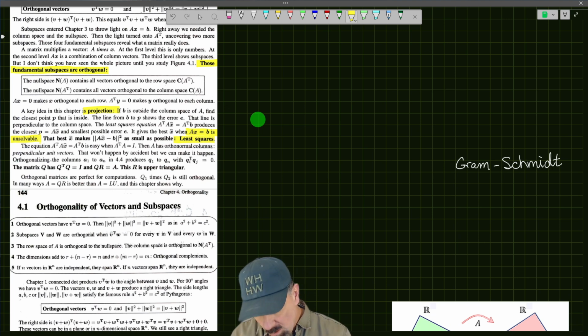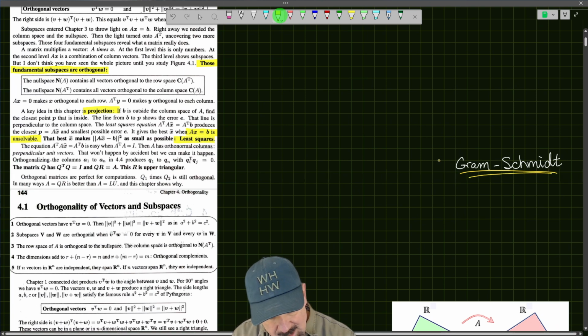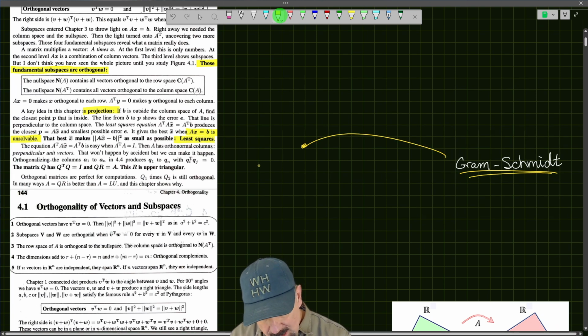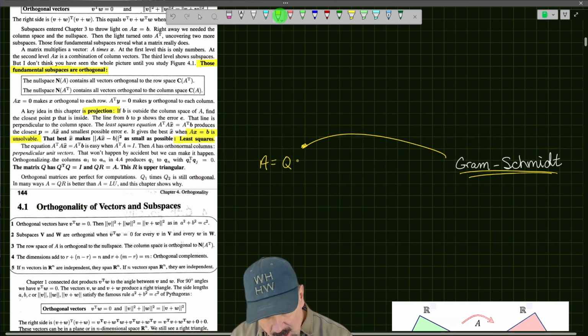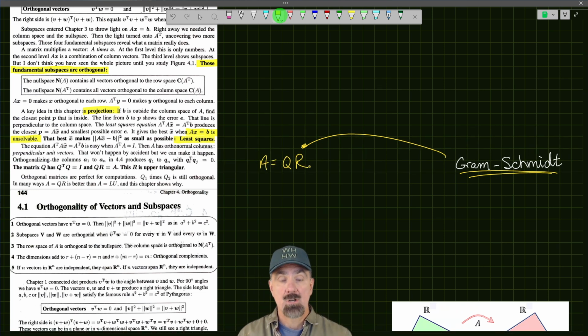And then finally, we're going to take a look at Gram-Schmidt orthogonalization. Gram-Schmidt orthogonalization actually leads us to a decomposition. This will be our third decomposition.